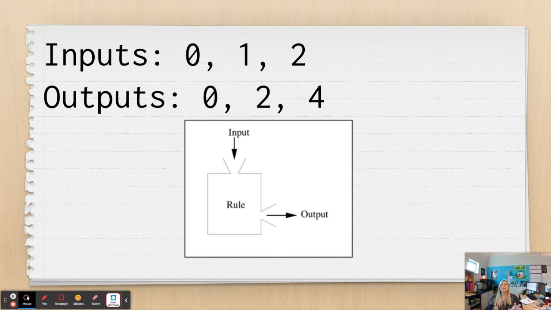Then there's some sort of rule that happens to the input, and then boop, it comes out as the output, and it's changed in some sort of way. Not always, but in this case it does, because when we input 0, the output's 0. When we input 1, we got 2. And when we input 2, we got 4. So some sort of rule is happening there.